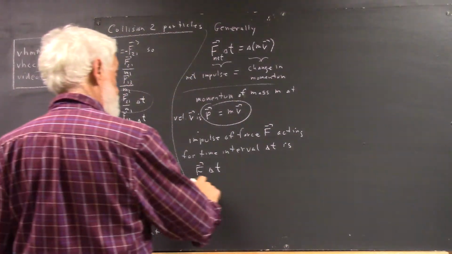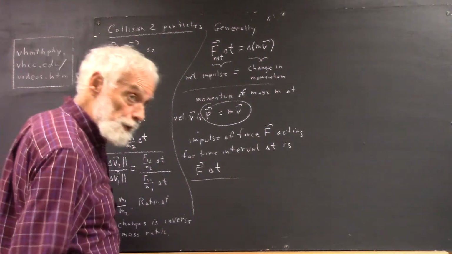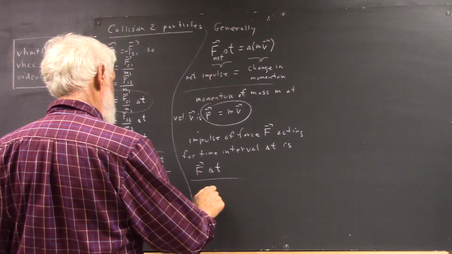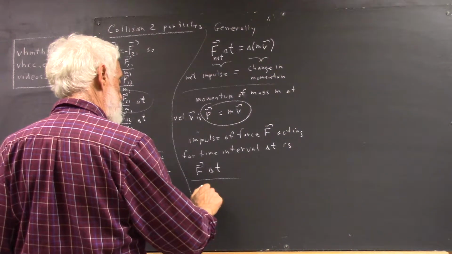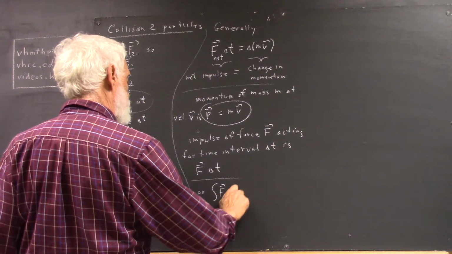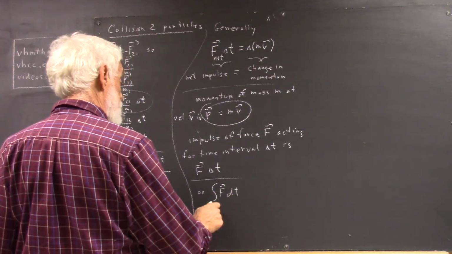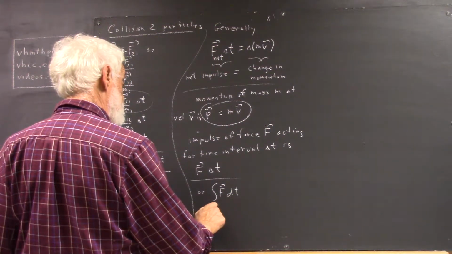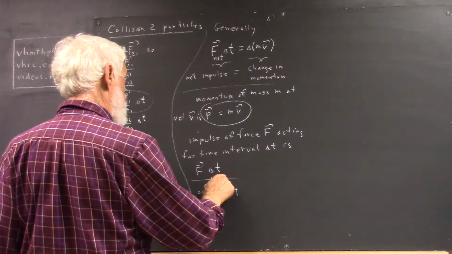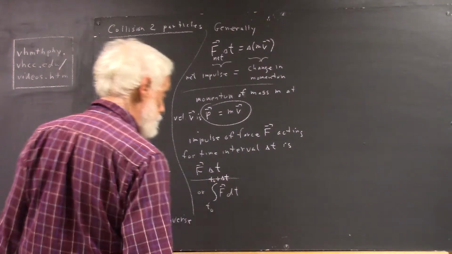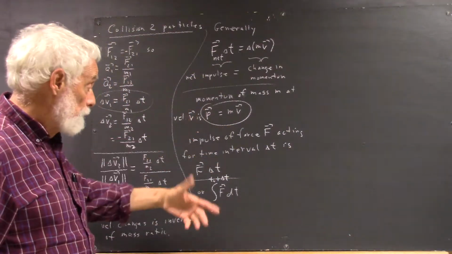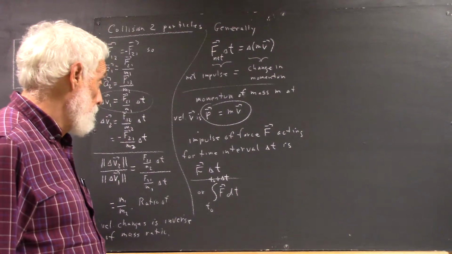Then I'll just mention that if F is not constant, the impulse would be just an integral of F with respect to t from t naught, say, to t naught plus delta t. You just sum up all your F delta t contributions from the variable force.